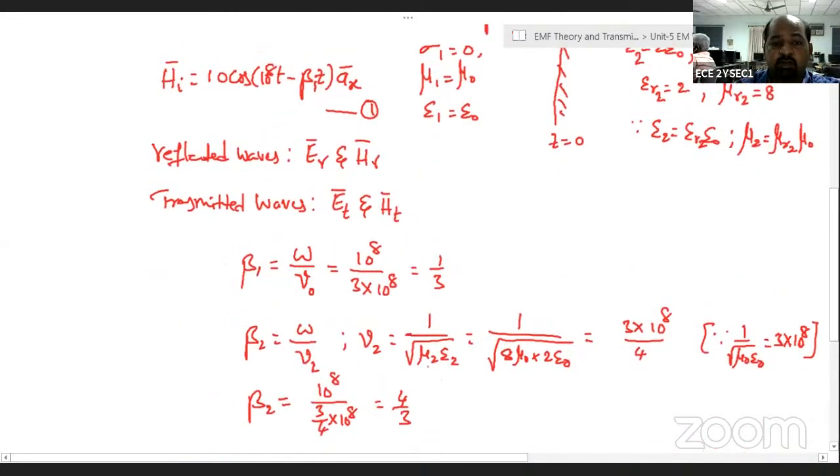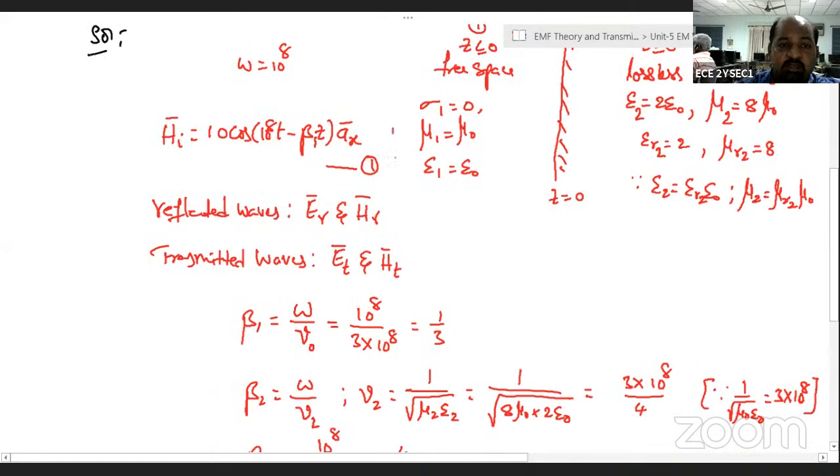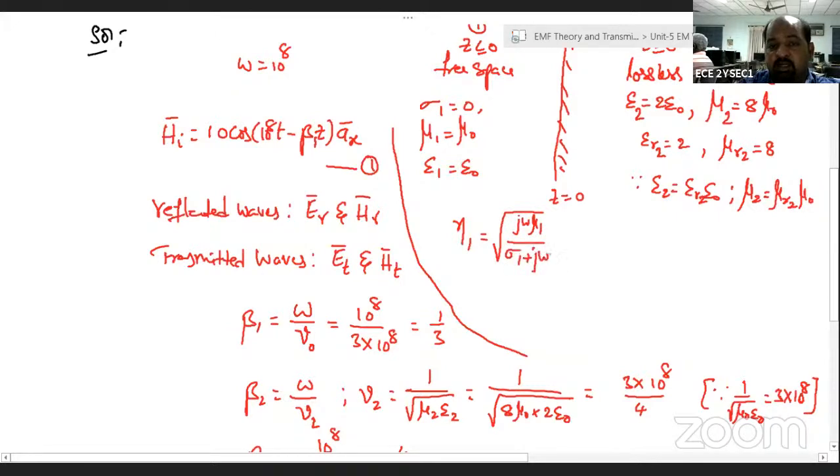And what is eta 1? Let us determine eta 1 here. Eta 1 is equal to root of (j omega mu 1 divided by (sigma 1 plus j omega epsilon 1)).